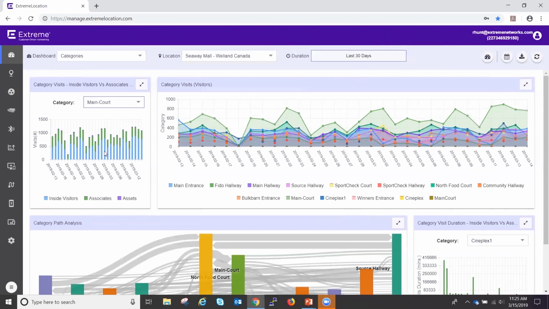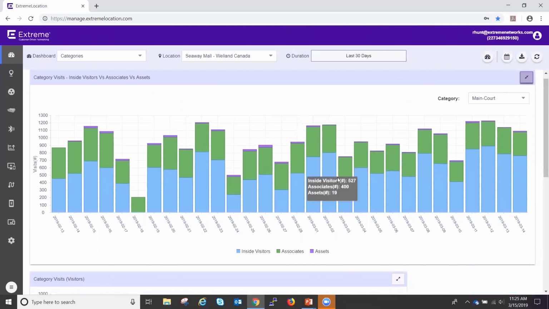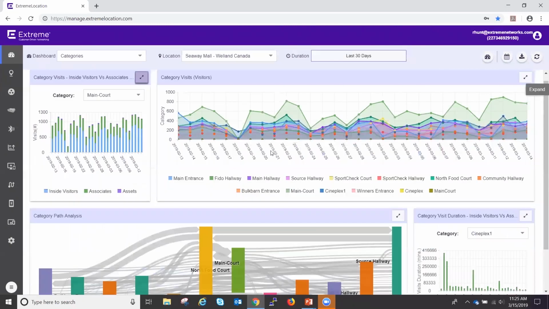If I go to the main court and I go back and look at the third and expand this, I could see that in the main court we had 470 visitors and we had 274 associates walk by. This is close to a food court, so this is a very accurate depiction of how guests engage on that given day.